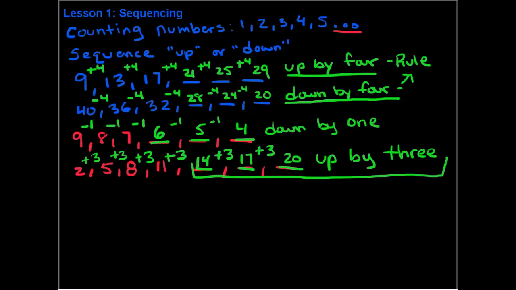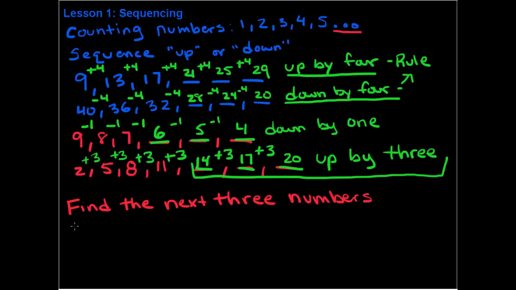So hopefully that helps you out with sequencing, and here is going to be your homework for tonight. You're going to need to find the next 3 numbers. Number 1, I'll give you the numbers 6, 8, and 10.